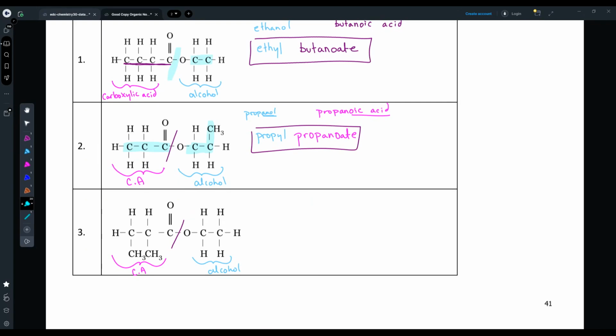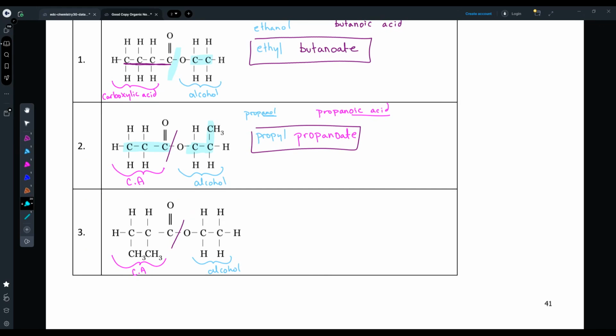Okay, that's why it's so important to figure out where that break point is, and the part that has the carbon single bonded to the oxygen, that's going to be the alcohol part. The other half that has the carbon double bonded to oxygen, that's going to be the carboxylic acid part.